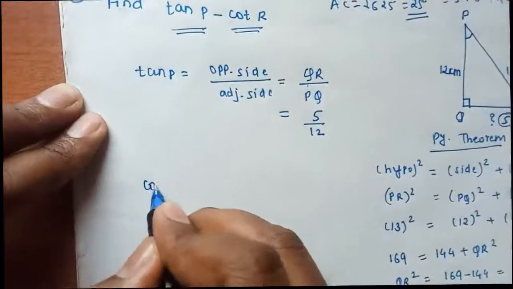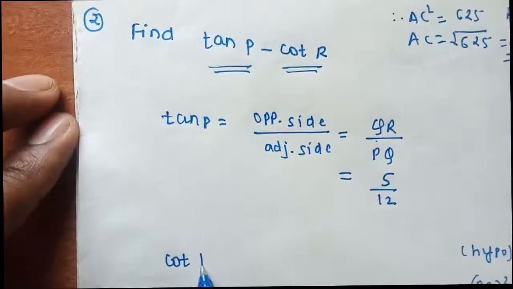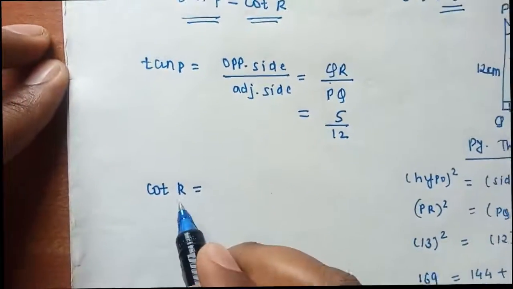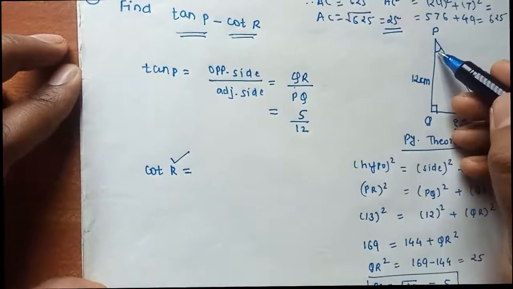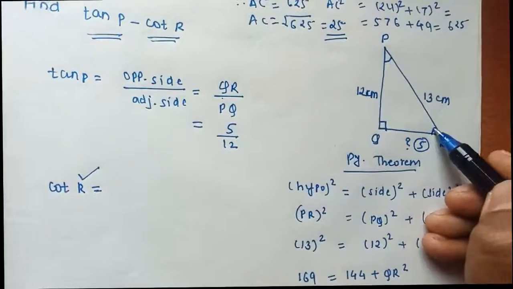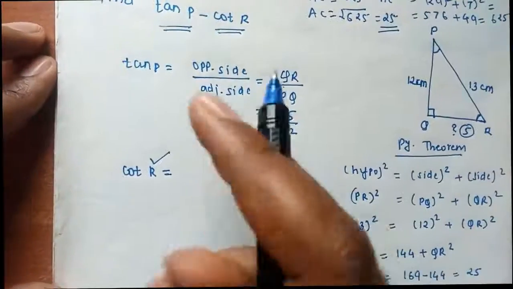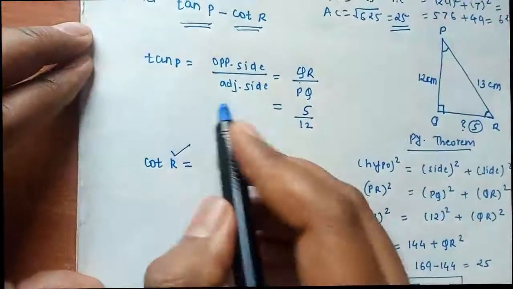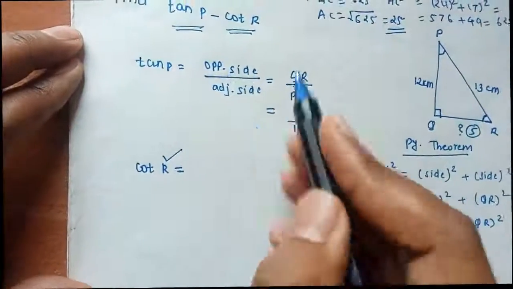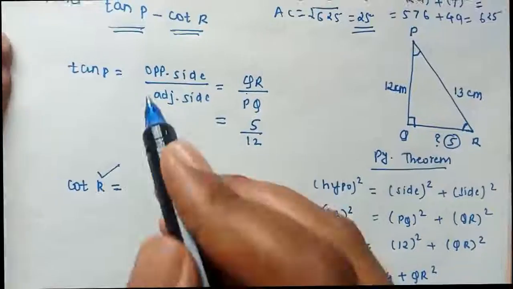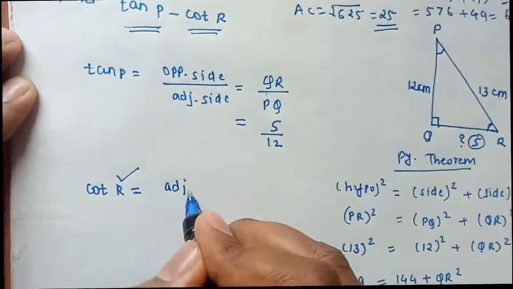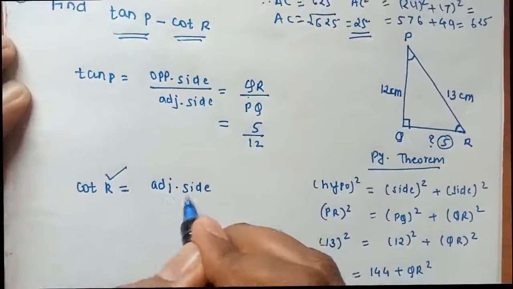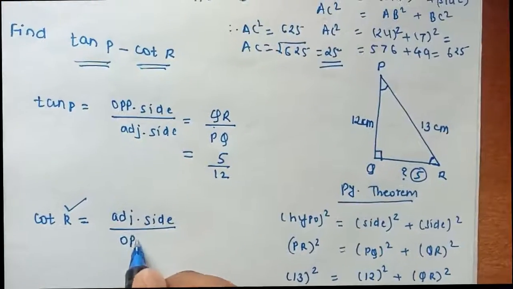Next is cot R. So remember, just check this angle R. I don't want P, I want the cot for R. So for cot, just take the opposite of tan, the reverse of the tan formula, because cot is the reverse of tan. So it becomes adjacent side upon opposite side.